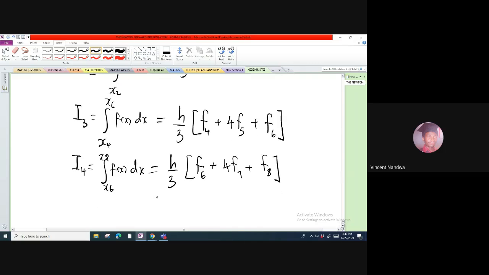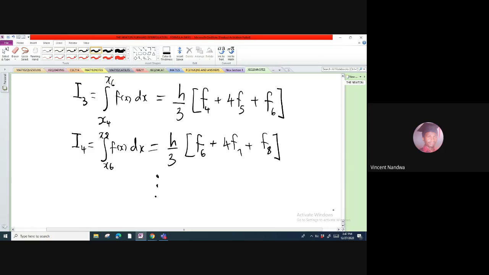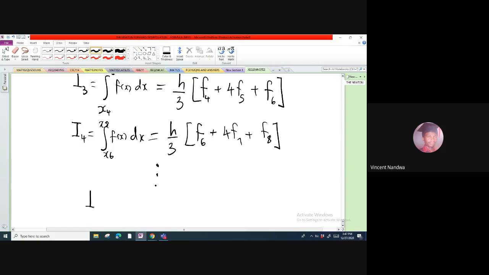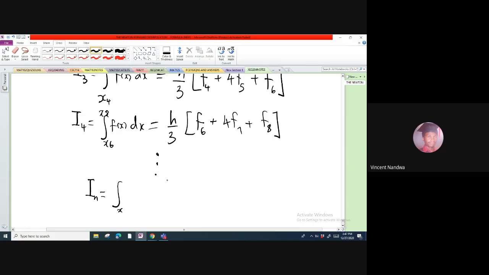In a similar manner, we can go ahead and define the last integral to be the integral from x, h over 3 into f n minus 2 plus 4 f n minus 1 then plus fn.